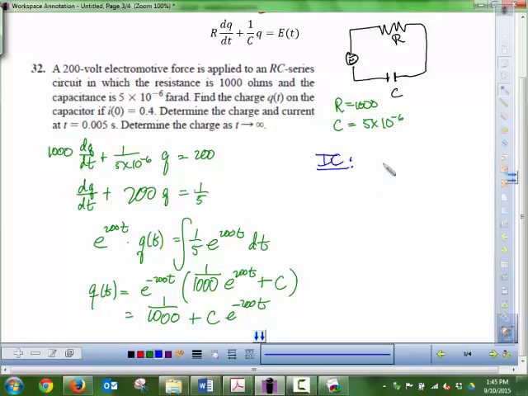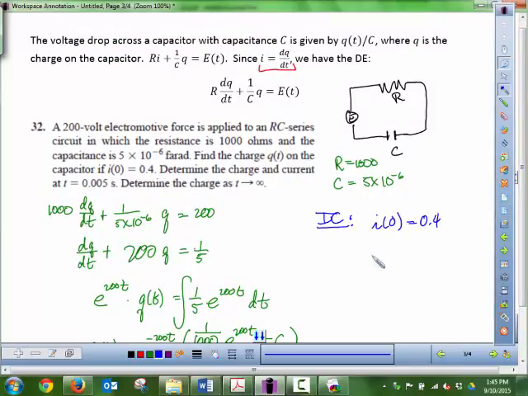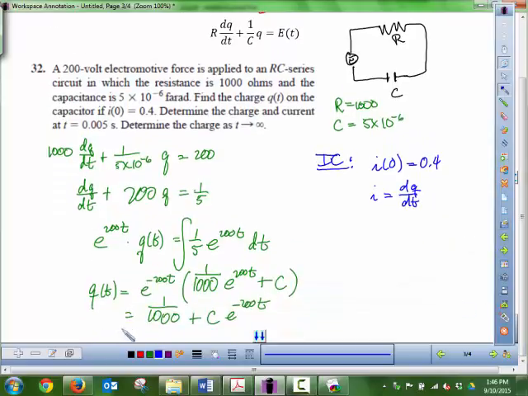Our initial condition issue is that it is given as an I, the current, but we want the charge. So what we need to do is figure out the relationship between the charge and the current. It turns out that the I is equal to the derivative of Q. So if we take this Q function and take the derivative of that, we're going to get I, and maybe we can solve for C that way.